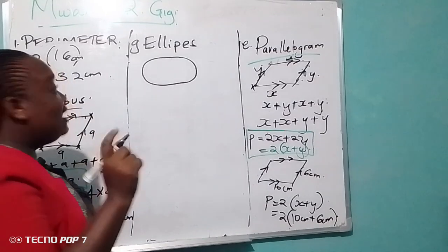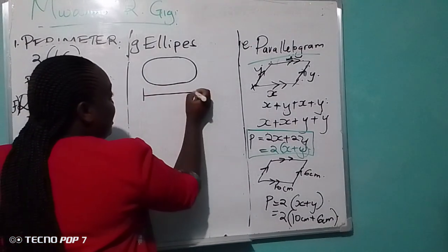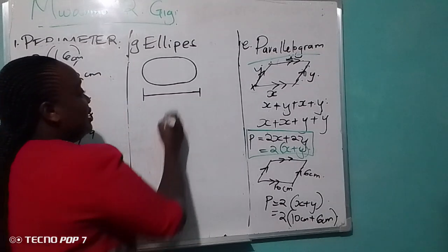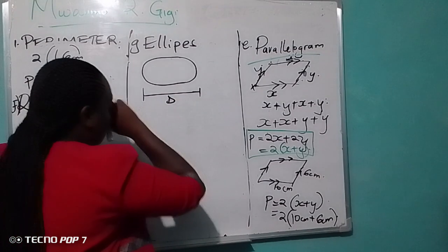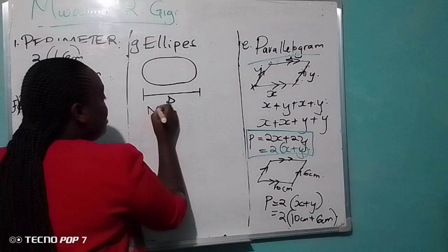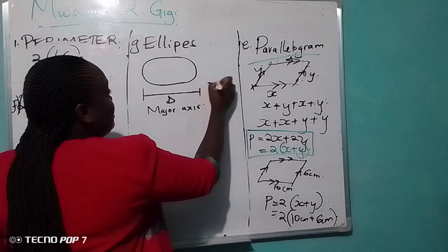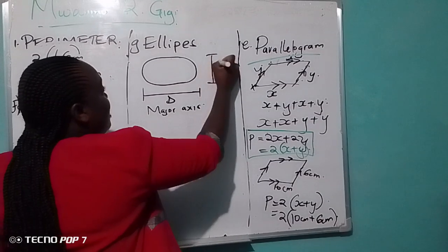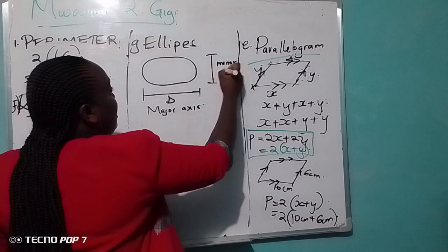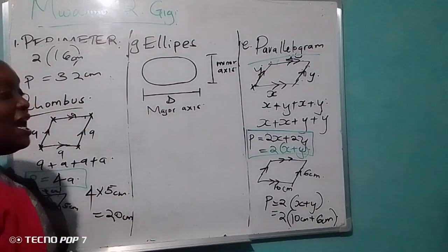Sawa? Ellipse. So we have this side. This is the longer side. We call it D. So this one is called the major axis. Then this side is the minor axis.